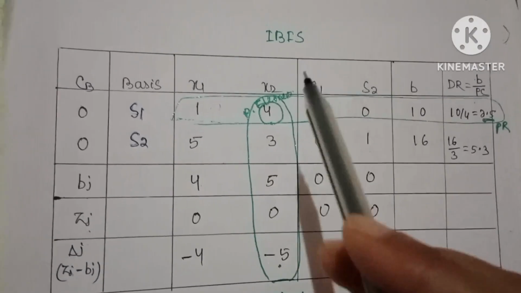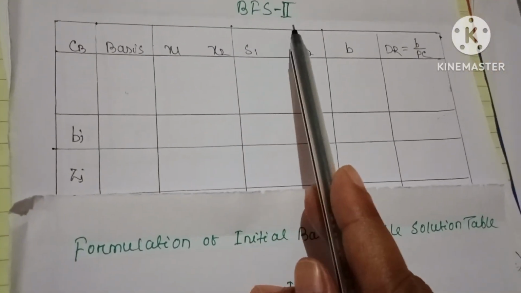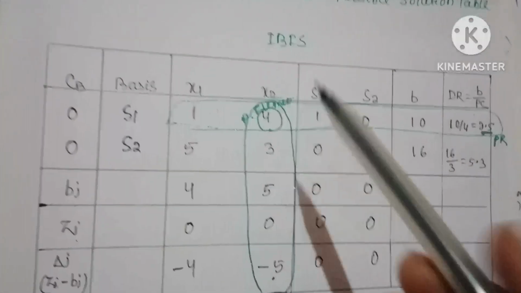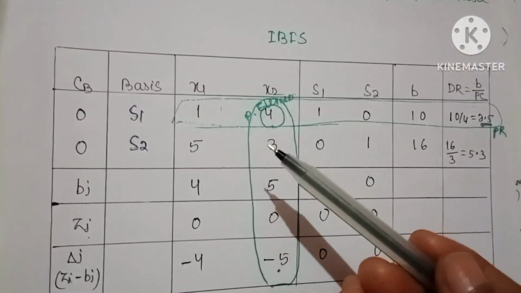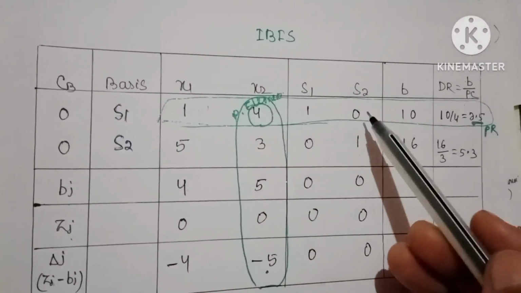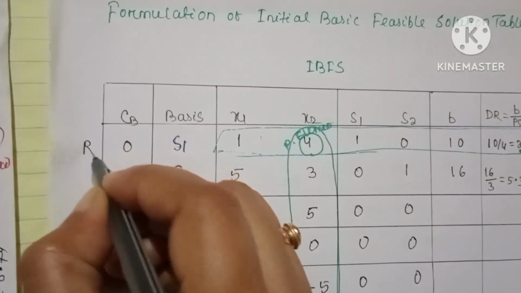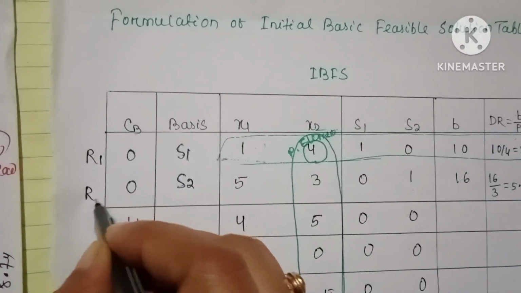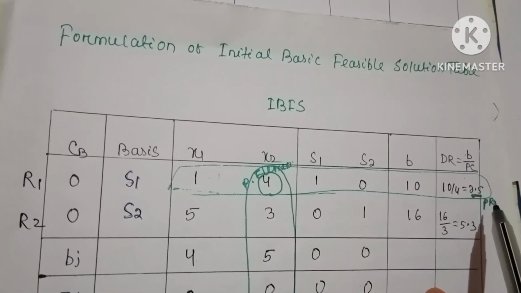Now, to formulate BFS 2, we have to check which one is the entering variable and which one is the existing variable. As we know, suppose this is your row 1 and this is your row 2, and row 1 is your pivot row.